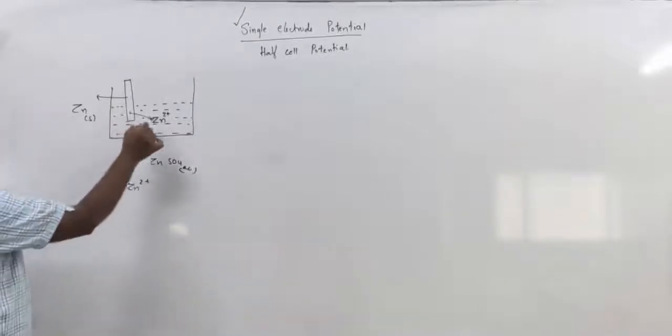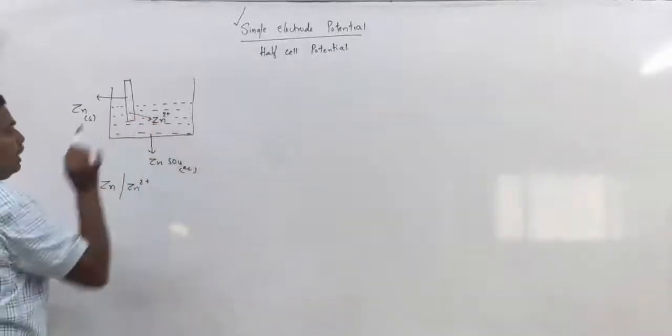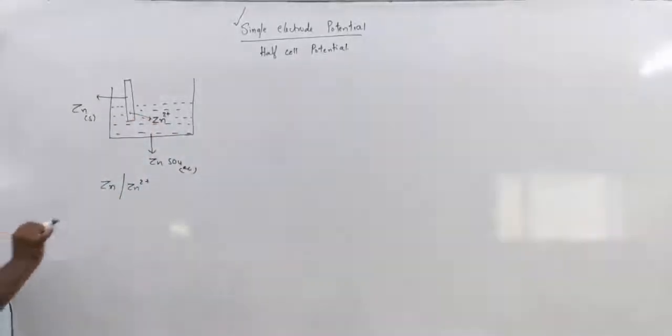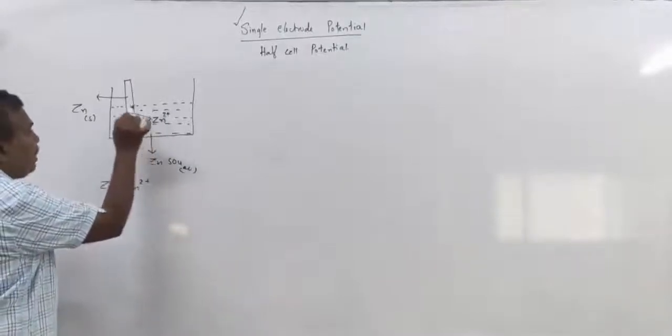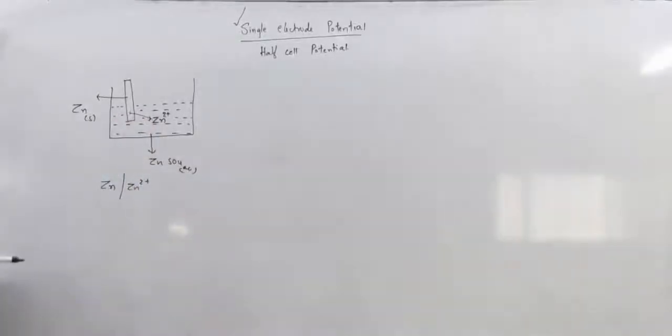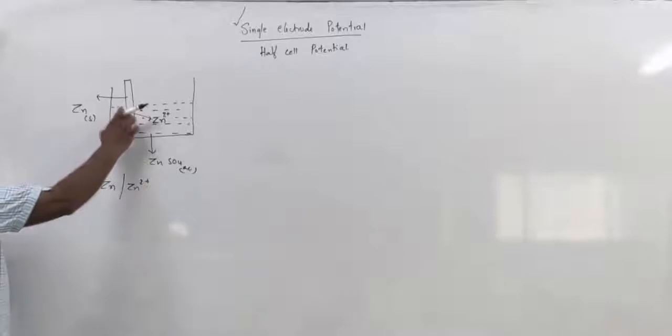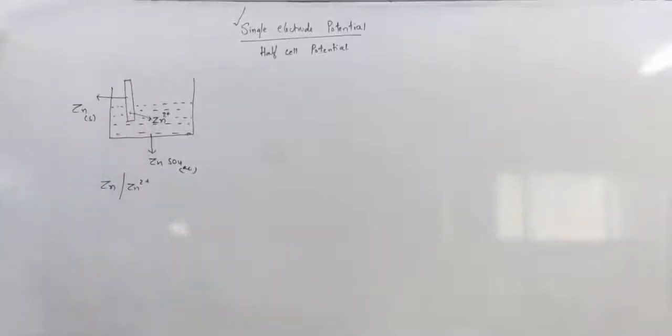See, Zn2+ ions in the solution move freely. Due to this, Zn2+ ions will collide on the surface of the zinc rod. Zn2+ ions which are present in the solution collide with atoms which are present on the surface of the zinc rod.